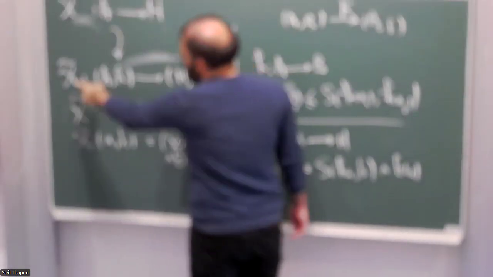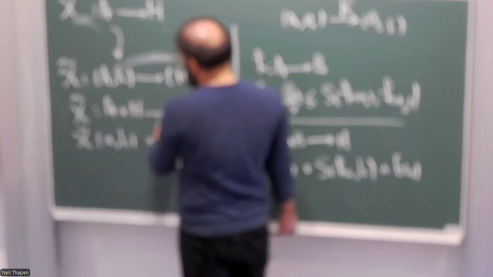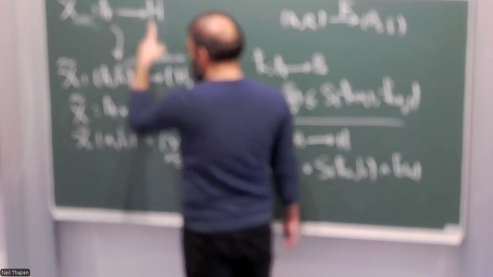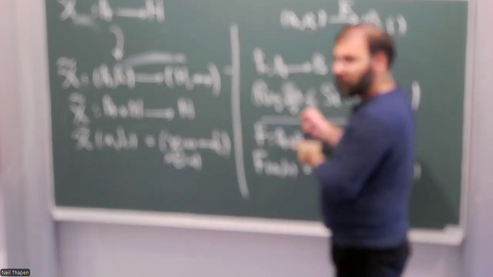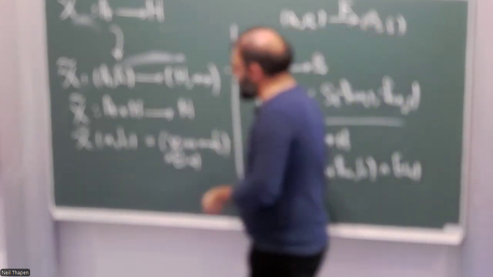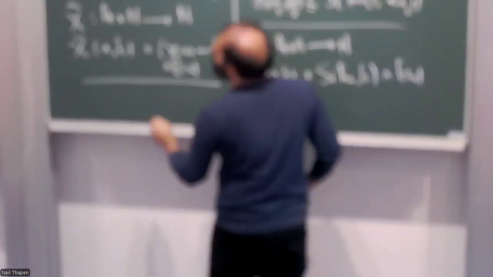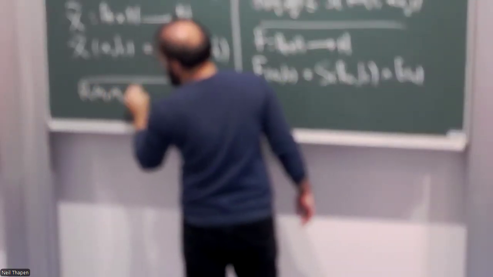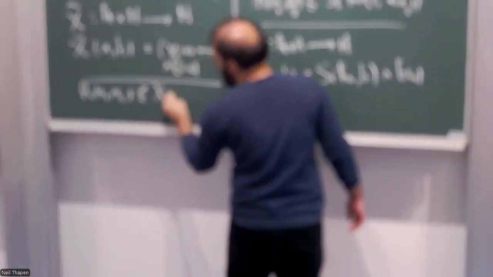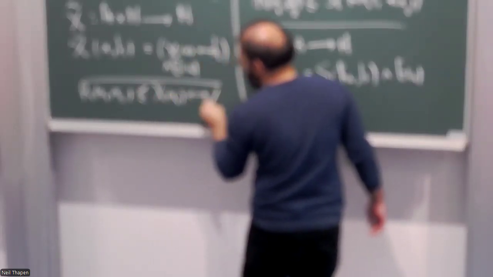We can use it to define chi tilde, but the point is that the map from A to H must respect equality, right? And respecting the equality here in this case would simply be: if R A1, A2, then chi A1 is equivalent to chi A2, right?